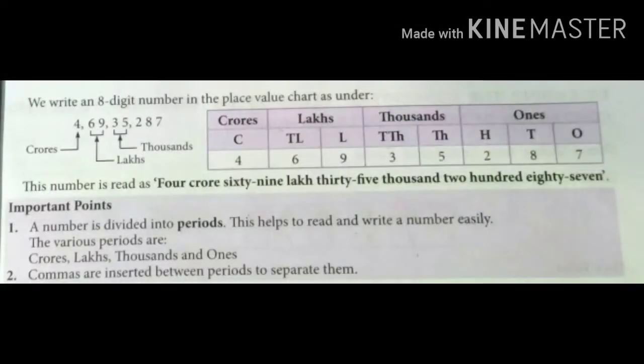In lakh period there is 69, that means 69 lakh. And in thousand period there is 35,000. That means we read 4 crore 69 lakh 35,289.